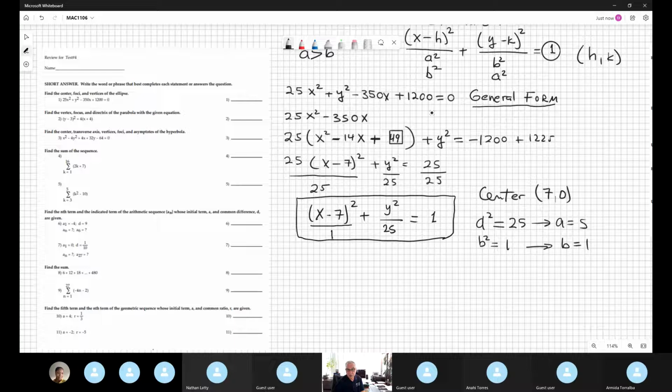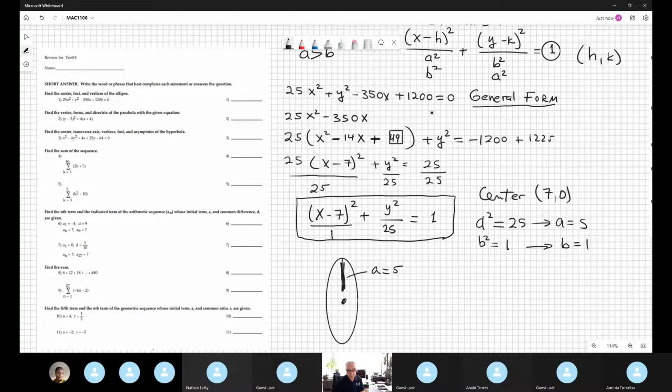Okay, so now remember one more time, the major axis is parallel to the y-axis. Big 25 is associated with the y, therefore our ellipse, I suppose, can look like that. Yes? This segment would be a, in our example 5.